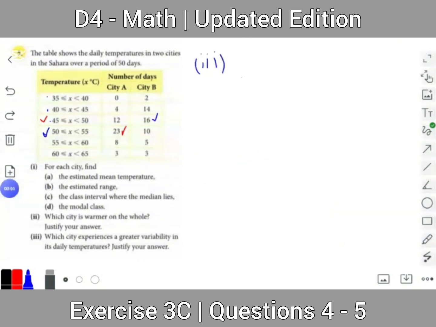3. Which city experiences a greater variability in its daily temperatures? Justify your answer.